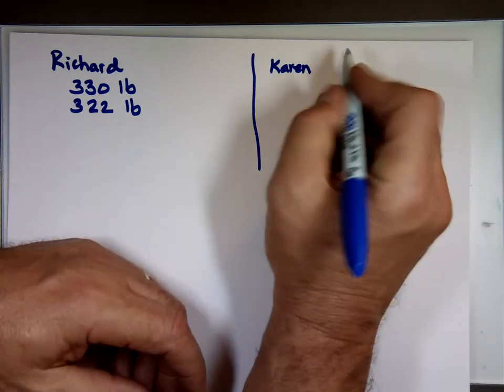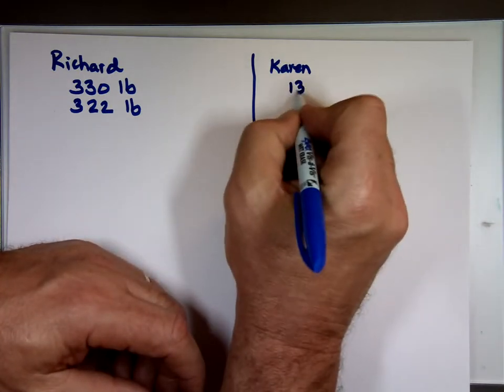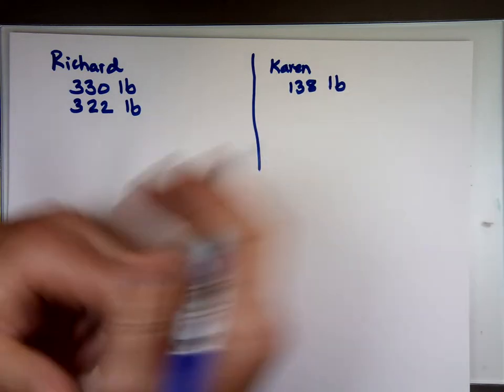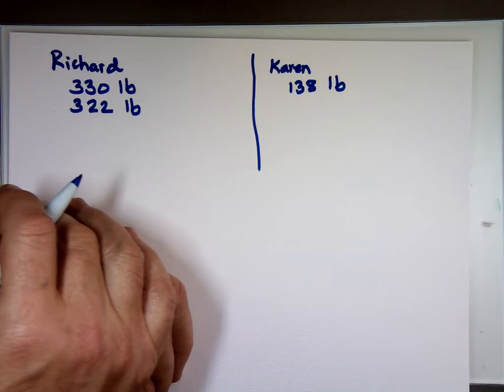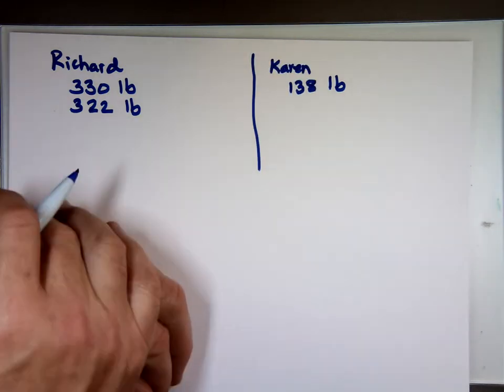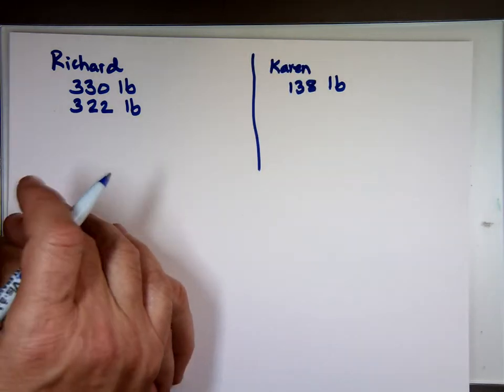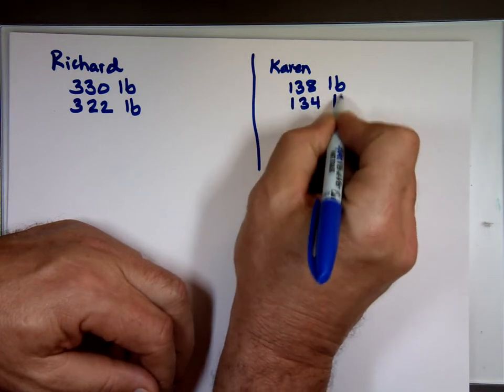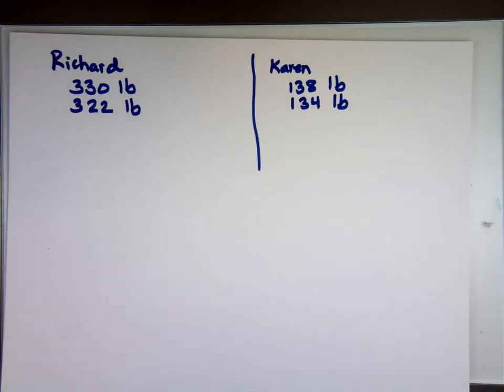Karen probably weighs about 138 pounds. And she decides she's going to do the workout with Rick. She's going to help him. So when he goes running, Karen went running with him. Now Karen weighs 134 pounds. Do we have percent increase or decrease for both?